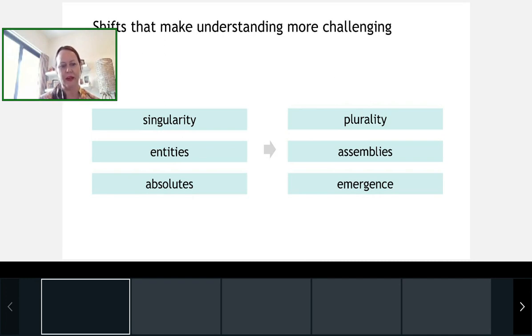So this plurality, emergence and so forth means that there's more complexity and more contradictions. The universalities that we were once very stable and comfortable with, we have to let go and be open-minded to things changing all the time.